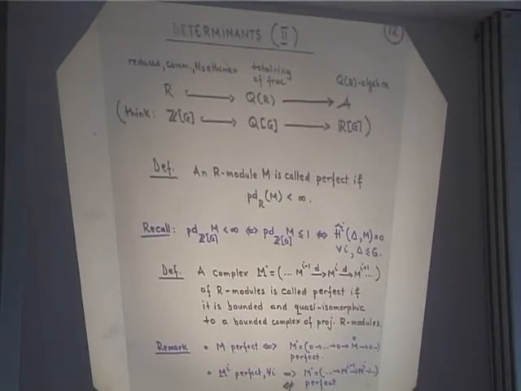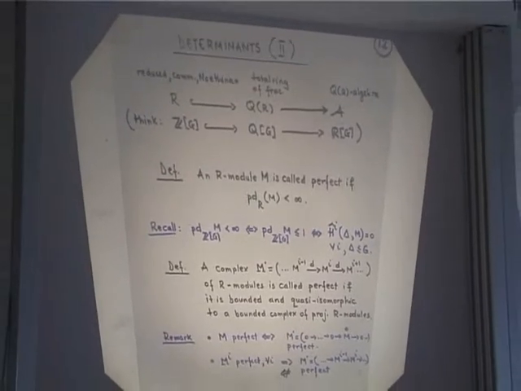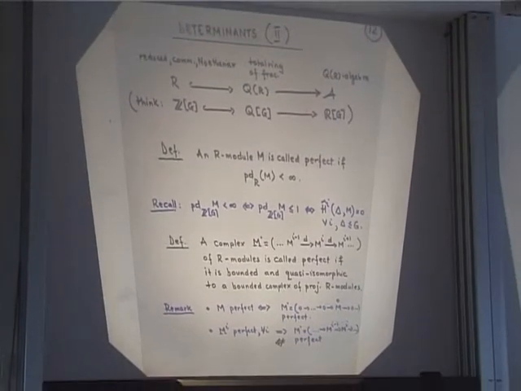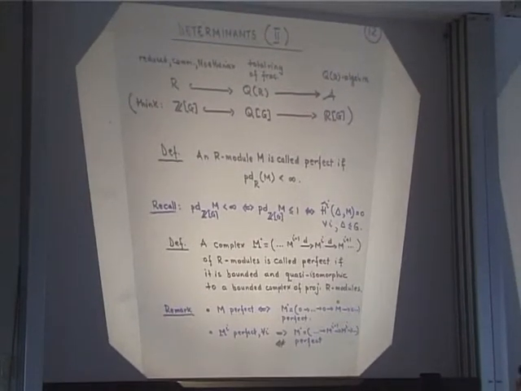Okay? And now, let's suppose that I have an R module M, and then I call it perfect if its projective dimension over R is less than infinity. So it is of finite projective dimension over R. That's what perfect R modules are. Now, an example, please recall, you saw some Galois cohomology last week.